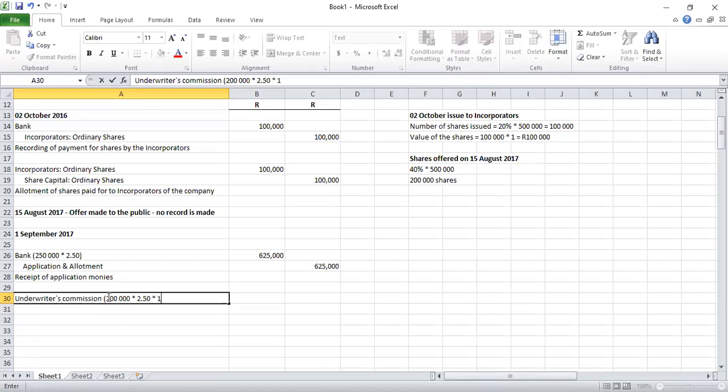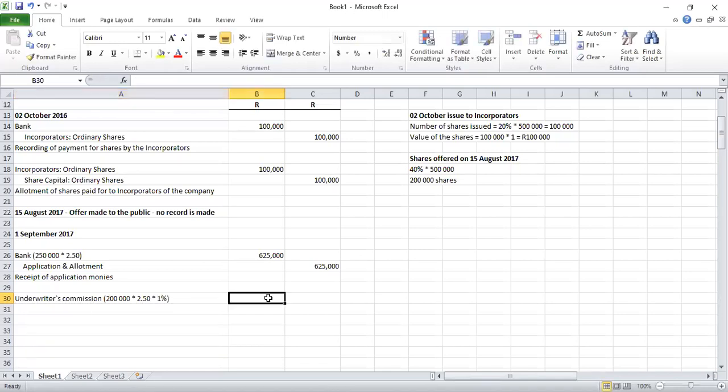We are told that the commission is 1%. What do we get? 5,000.